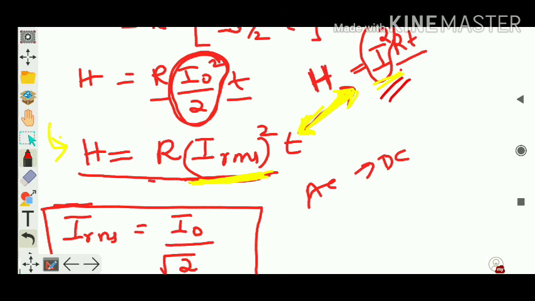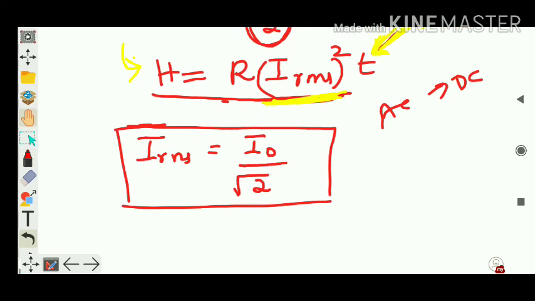That's why a new quantity called RMS current was introduced. This RMS current is never seen in the case of DC; it is only seen in AC. So what is RMS current? RMS current is a quantity which is arbitrarily introduced so that it is equivalent to DC current in terms of value, not in terms of character.